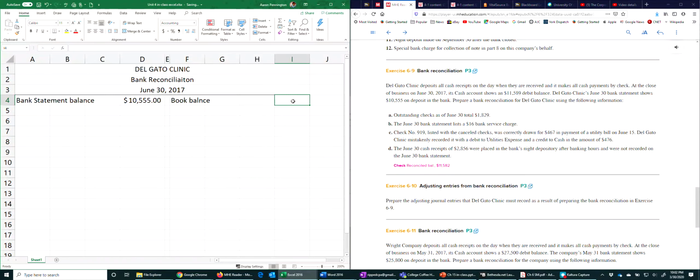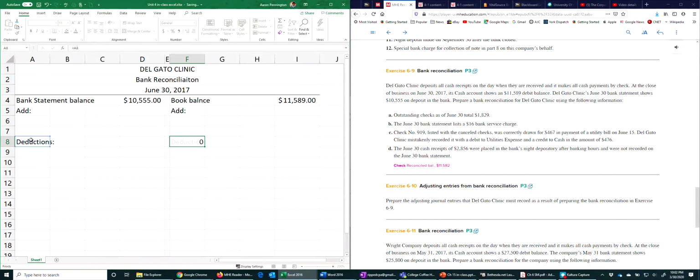Balance per accounting records, or per books, is $11,589. And so for both, we're going to have some additions. And then we will also have deductions, or just subtractions.